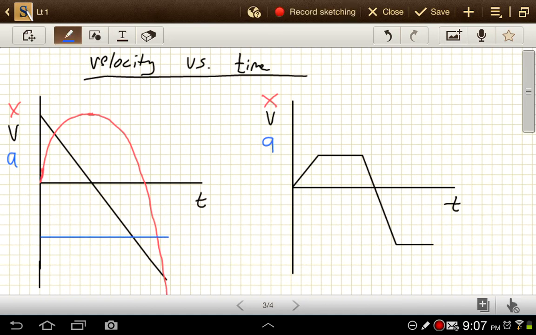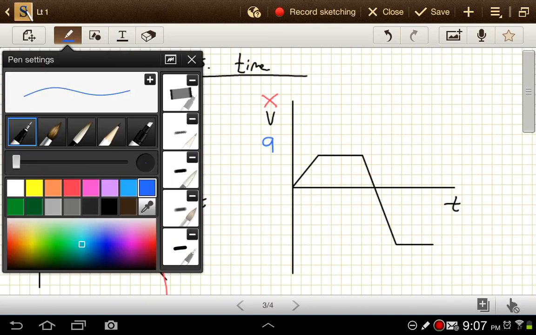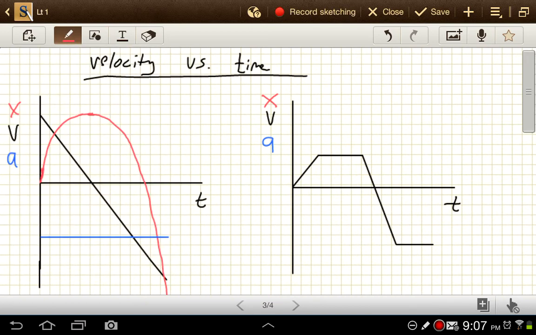And then over to the next one. We start off with a velocity of 0 here, and velocity gradually increases. So in the x graph, we need to start with a slope of 0 and get to a larger and larger slope. So we have a curve upward, something like that.